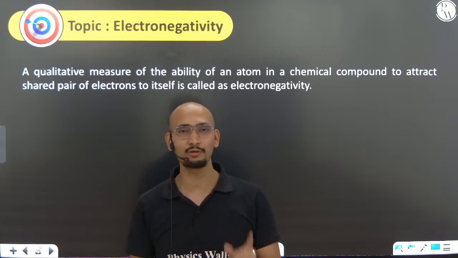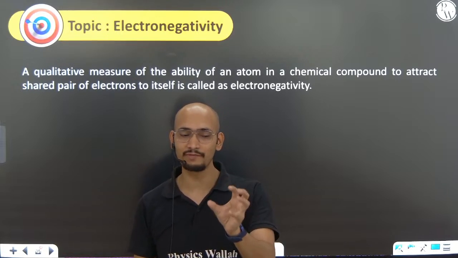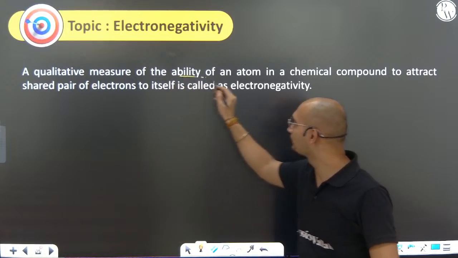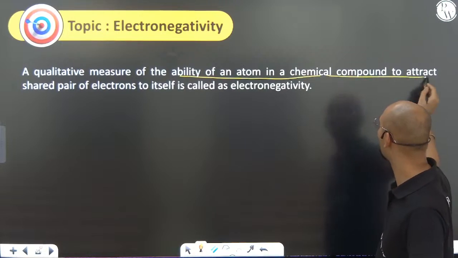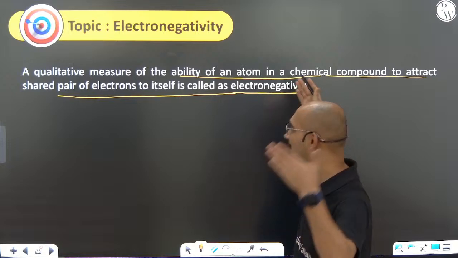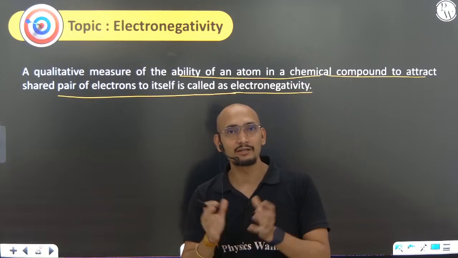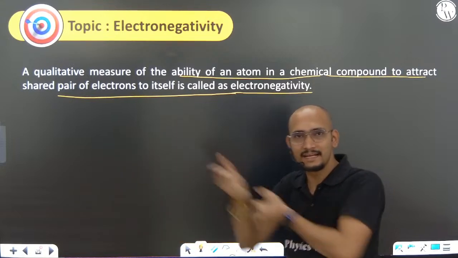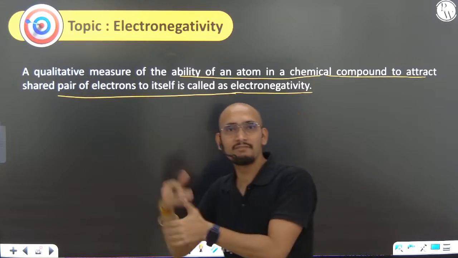But now we are going to talk about a system of bonded atoms. A qualitative measure of the ability of an atom in a chemical compound to attract the shared pair of electrons to itself is called electronegativity. So electronegativity is the tendency of an atom to pull the electrons which are already bonded with some other element.